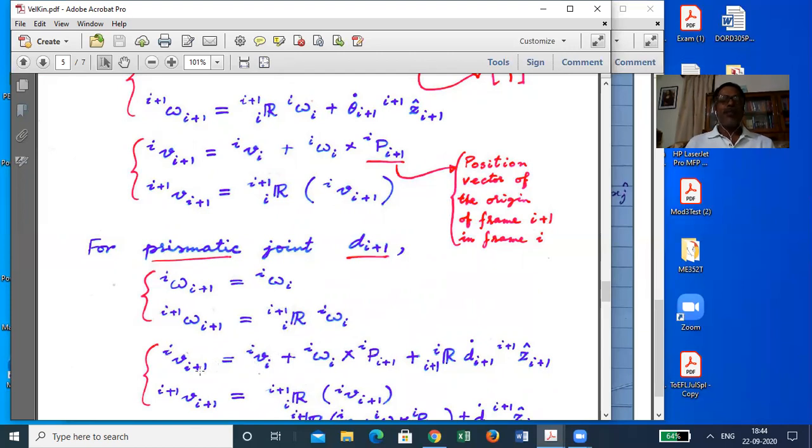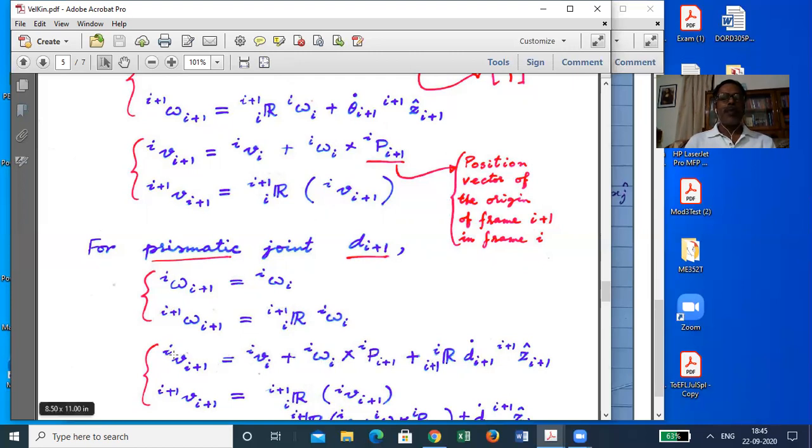Linear velocity of the next frame will be linear velocity of the current frame plus omega cross r, that is this term, that is omega of the ith frame cross the origin to origin position vector, and plus now there is an actual linear motion at the joint along the z direction, which is the vector 0, 0, 1 into d dot, which is a scalar, converted to the previous frame in order to add it to these vectors which are already in the previous frame.